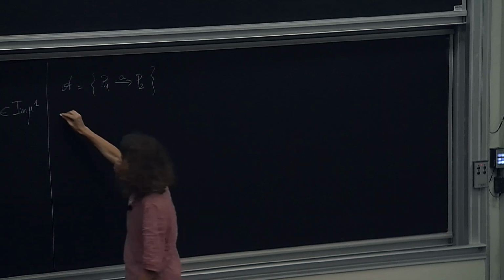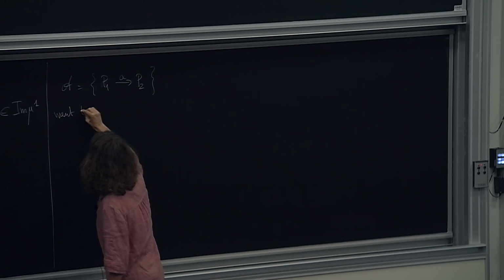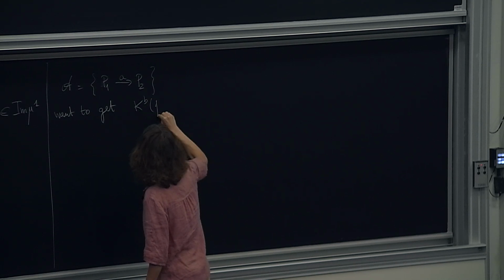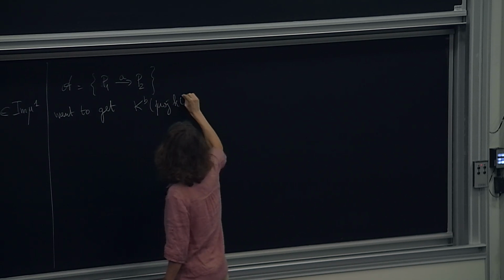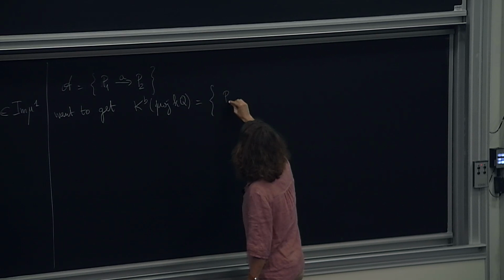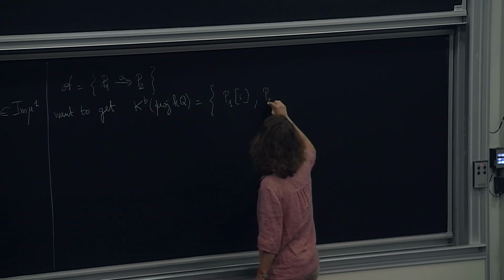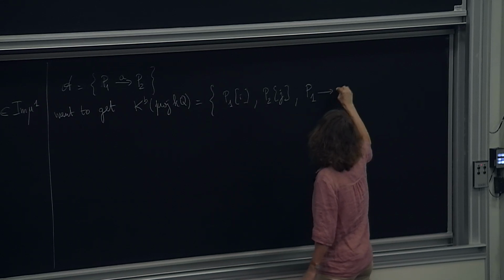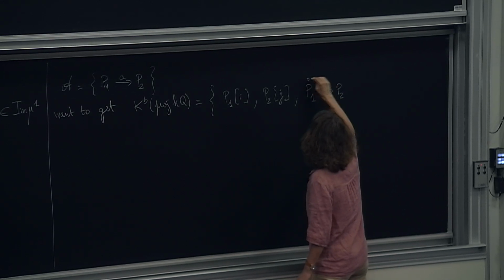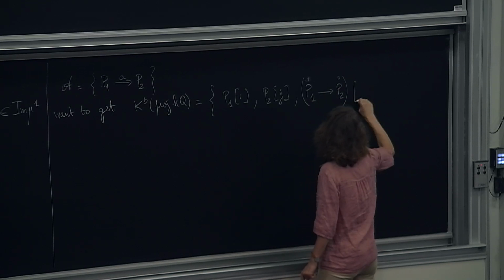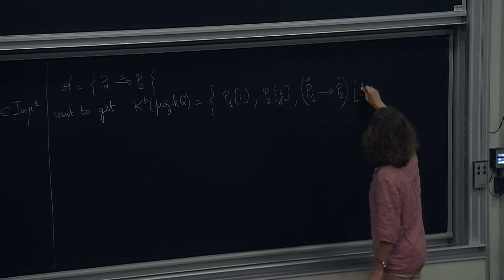We want to get this KB proj KQ, which is given by the objects. Remember, we have all the shifts of P1, all the shifts of P2, and also this complex and any shift.